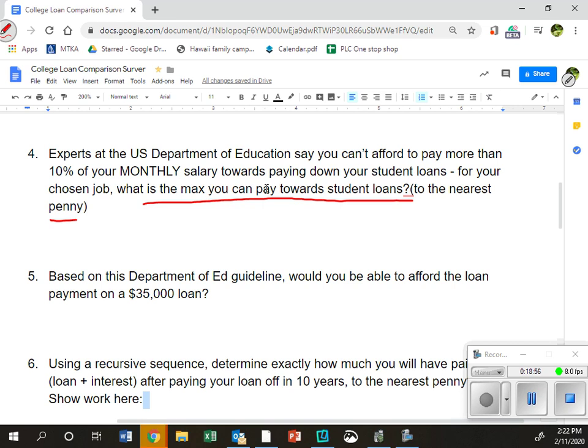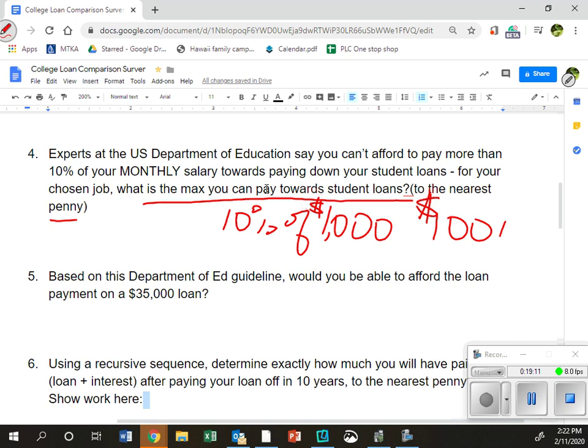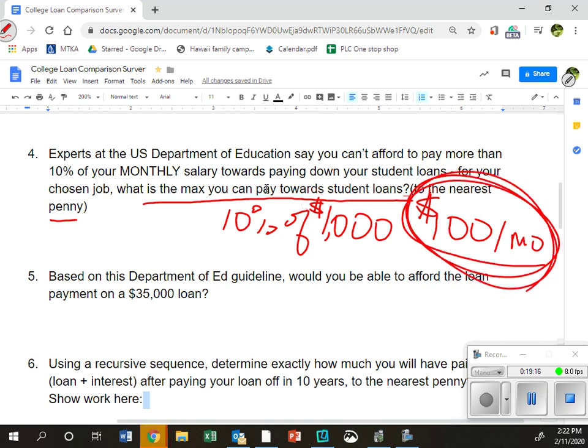Well, for me, the scenario I just did, I can only take 10% of my $1,000 a month, which is I could only afford $100 per month. That's how much I can afford. Do you get that the actual loan is more than that? Well, what's the point? If you're going to get a really low-paying job, you cannot afford to have $35,000 in student loans.